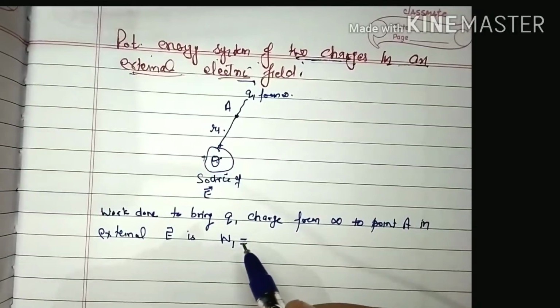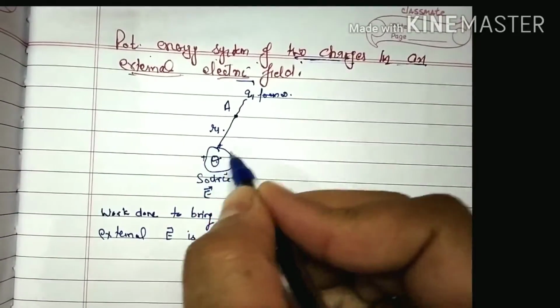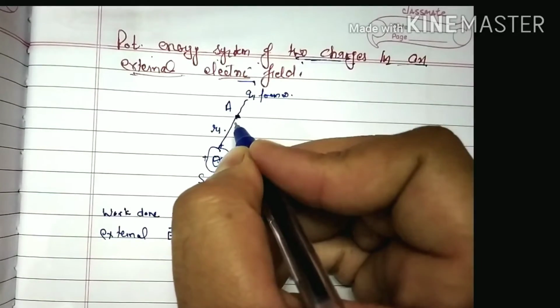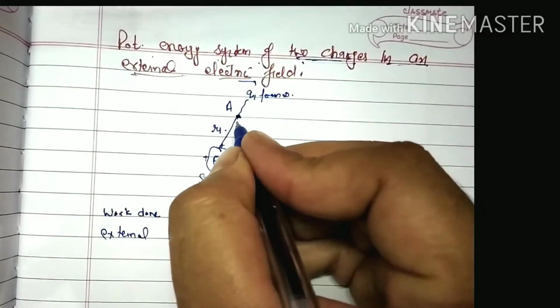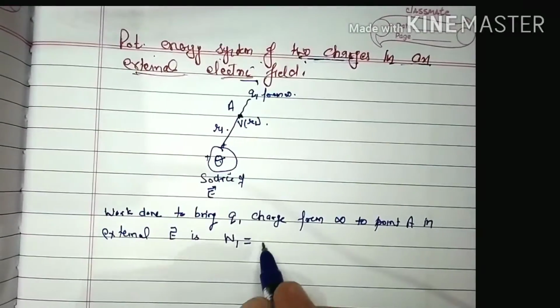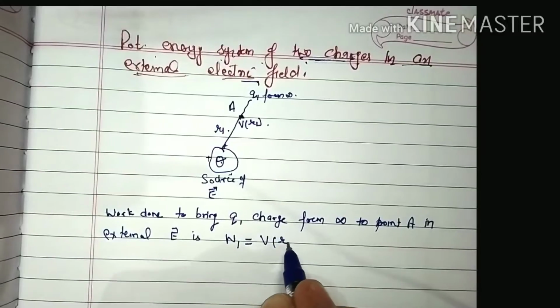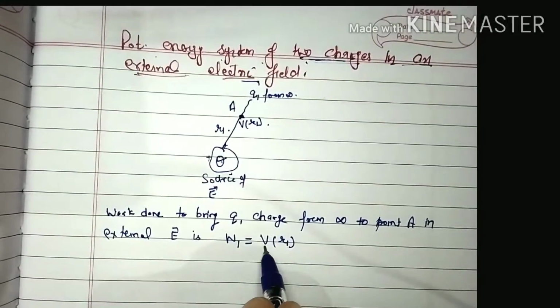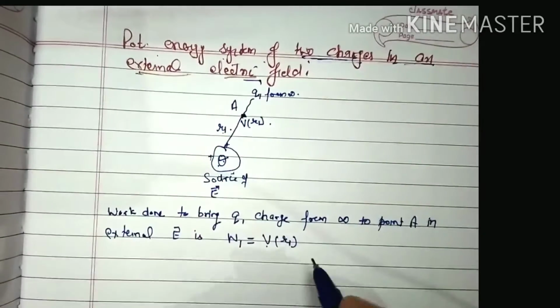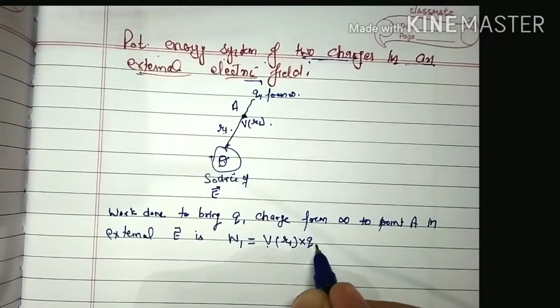You know that this electric field has a potential; we can write its potential V at distance R1. So here I will write the potential V(R1). This is the potential of this source charge at distance R1, and the charge is Q1, so W1 = V(R1) Q1.